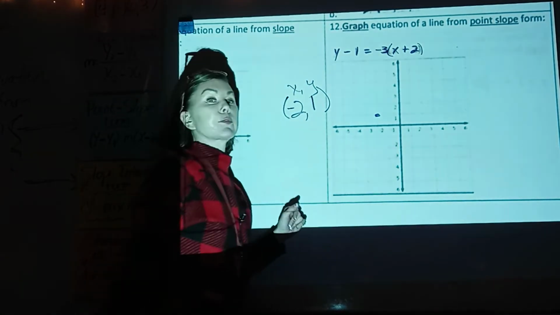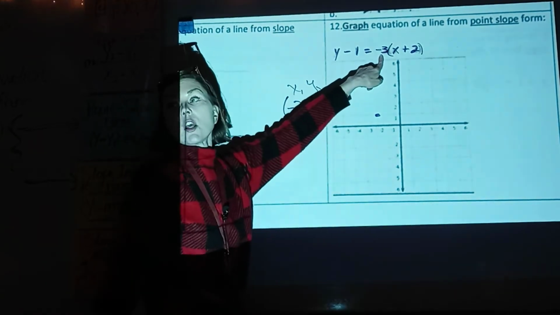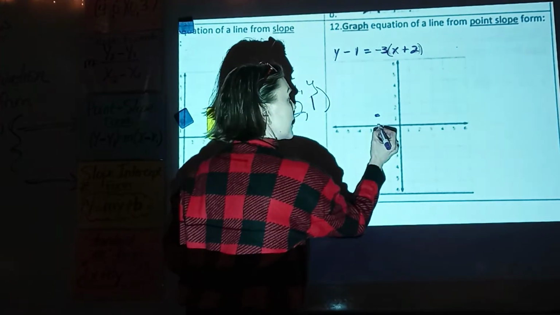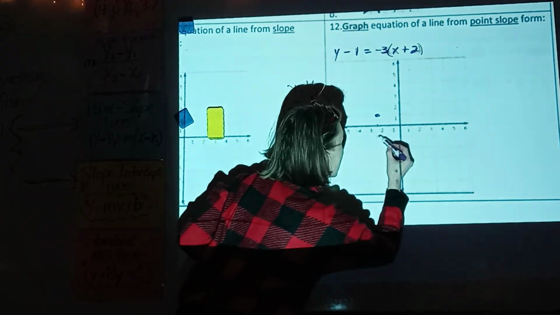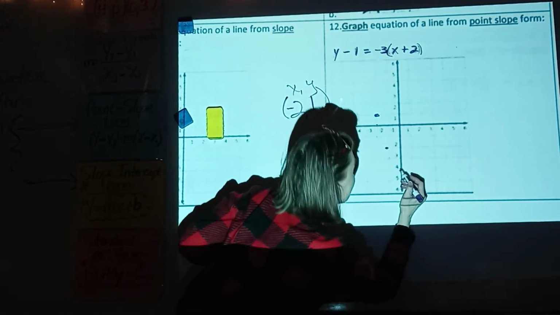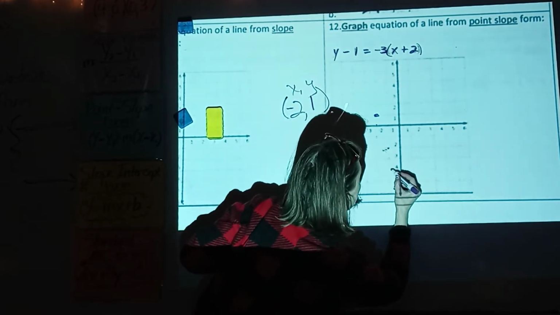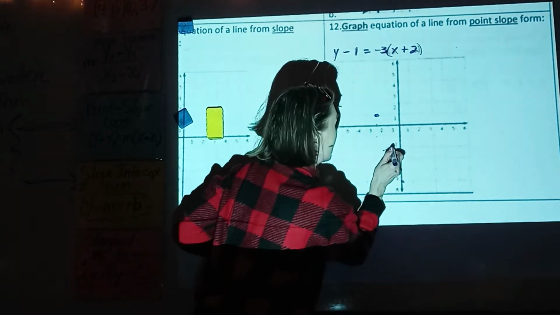Put the point. From that point, we do our slope. What is our slope? -3. So from that point, we do down 2, 3 over 1. Okay, there we go.